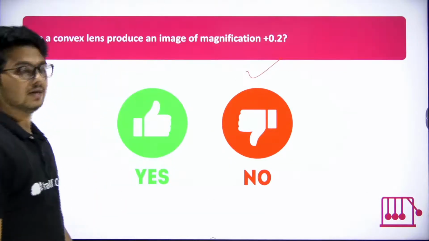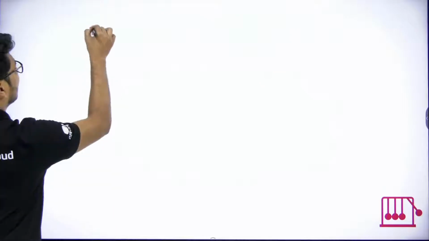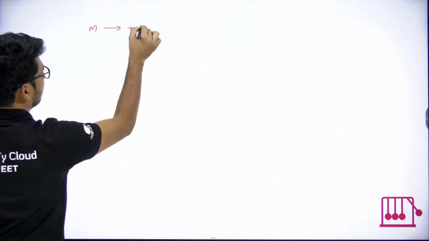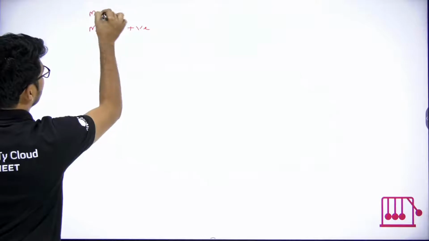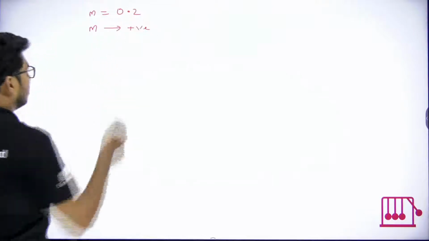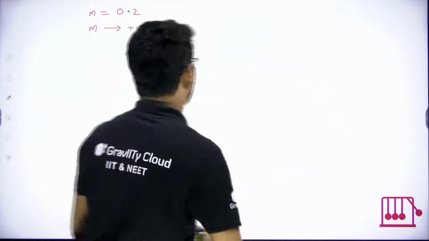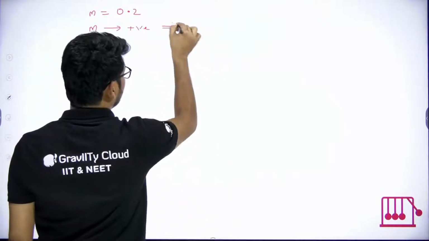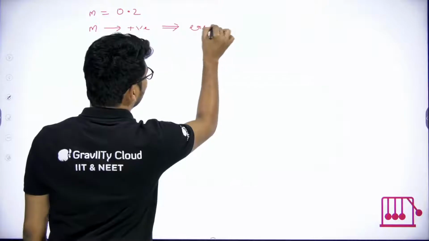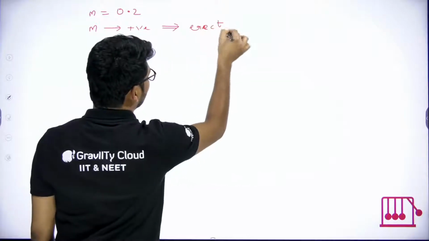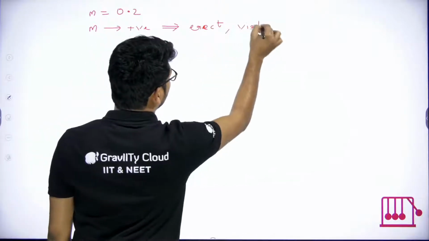Whenever we have magnification as positive, here the given information is m equal to plus 0.2, positive magnification. What does positive magnification mean? It implies that the image is erect, and erect images are virtual.